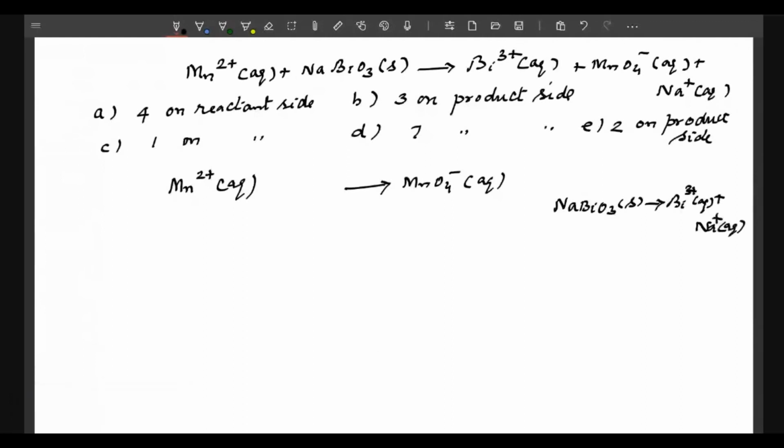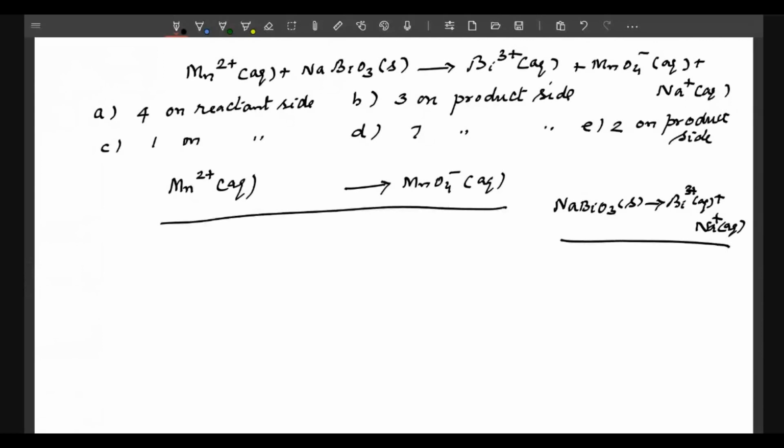This is the second half. We have broken the given unbalanced equation into two halves. Now the next step is to balance each half of the reaction. You have to balance this half and this half.